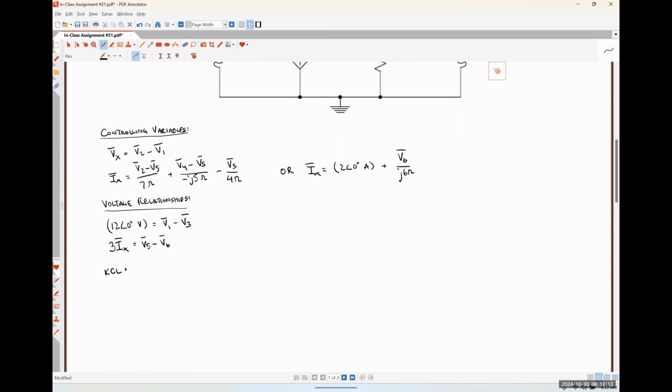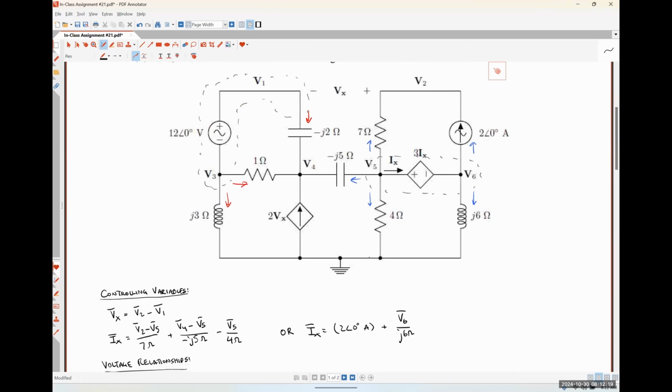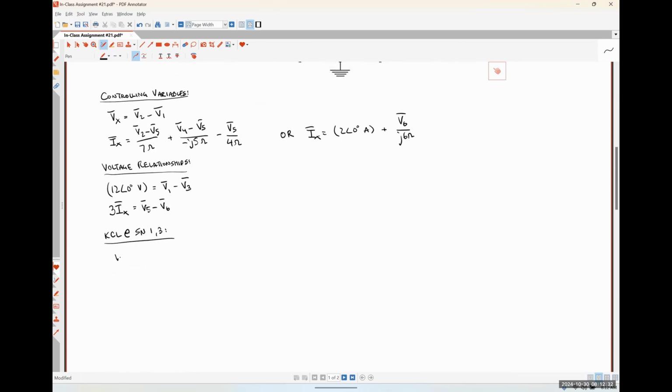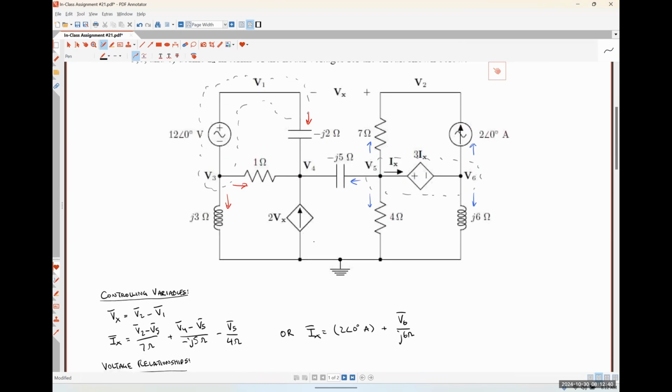So let's start with KCL at supernode 1, 3. So the current flowing down through the minus J2 ohm capacitance would be what? V1 minus V4 over minus J2 ohms. Absolutely right. And then we have a current flowing to the right through our 1 ohm resistor.